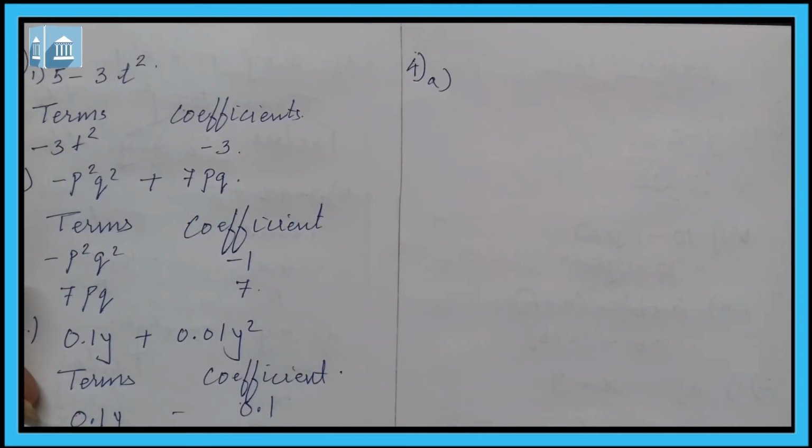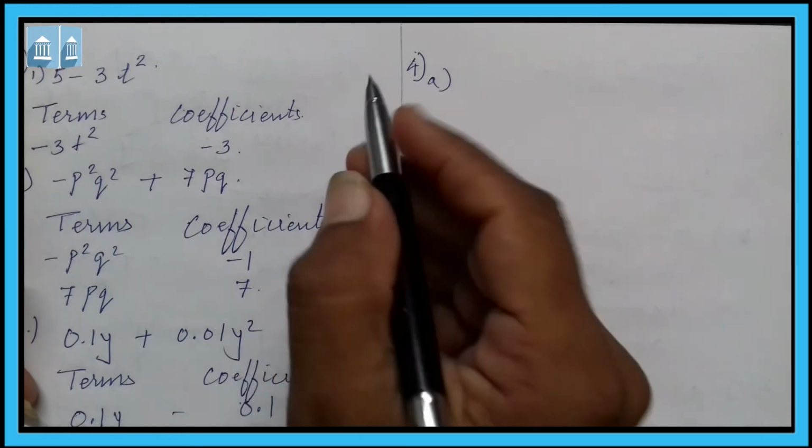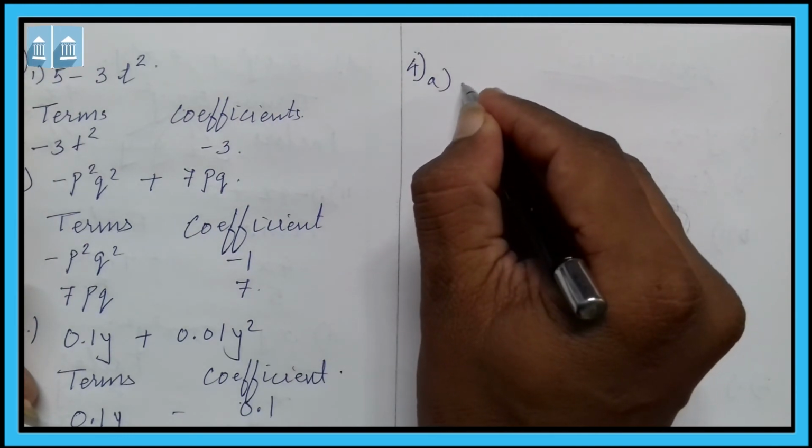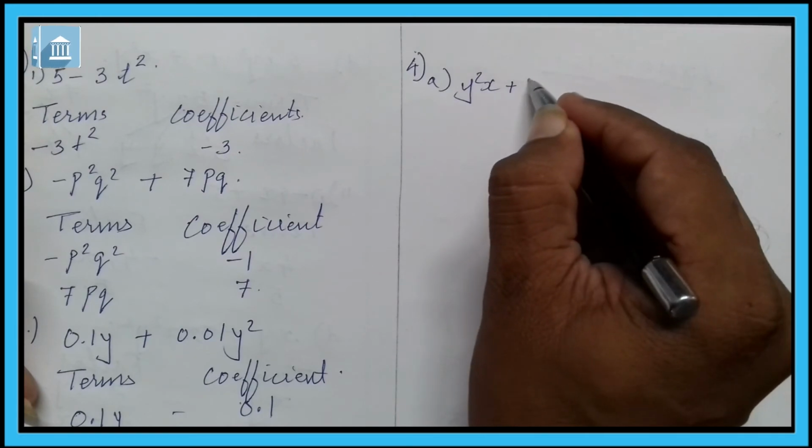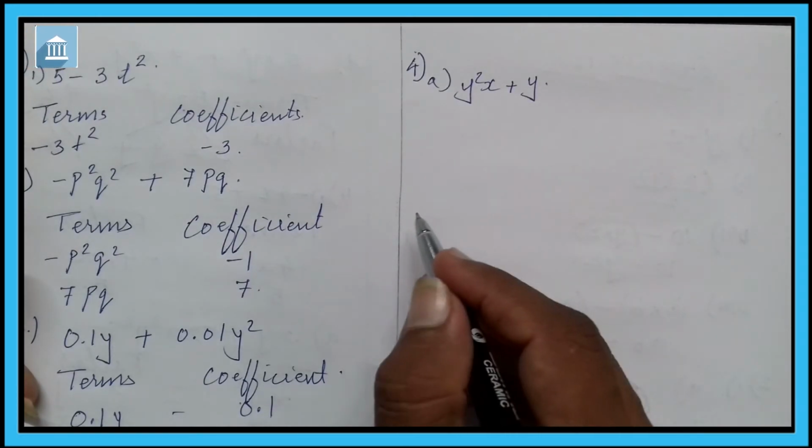Now let us see question number 4. In 4th, A1 is identify terms which contain x and give the coefficient of x. Here we have to find out the terms which contain x, and we also have to give the coefficient of x.